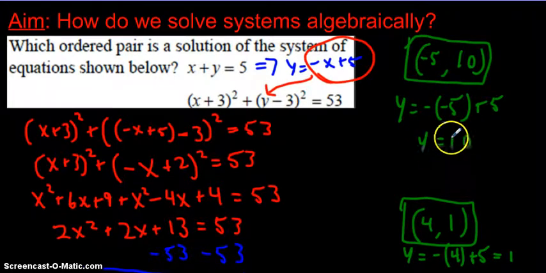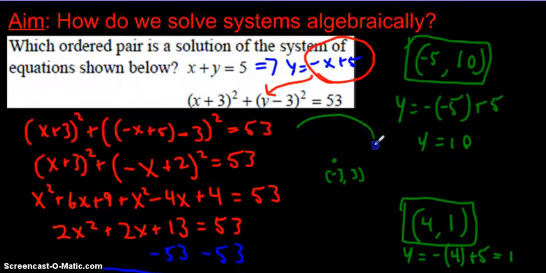Alright? So if you wanted to draw this circle, it is centered at negative 3, 3. It has a radius of radical 53. I'm not sure exactly how big to draw that, so I'm just going to put it here.